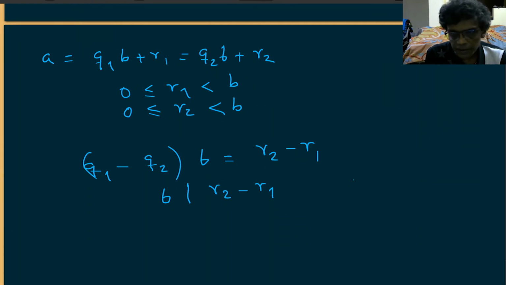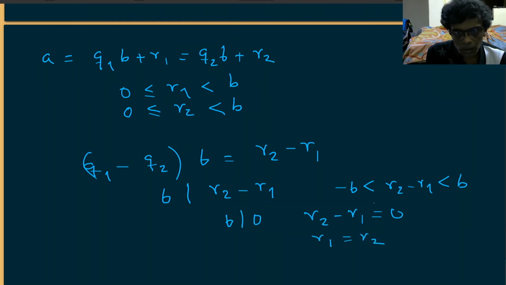So you can easily see that minus B is less than R2 minus R1, which is less than B. This leaves us with only one choice, that is B divides 0. That is R2 minus R1 equal to 0. So R1 equal to R2. Now if I plug this in, it in turn gives Q1 equal to Q2. So that's the proof of the Euclid's division theorem.